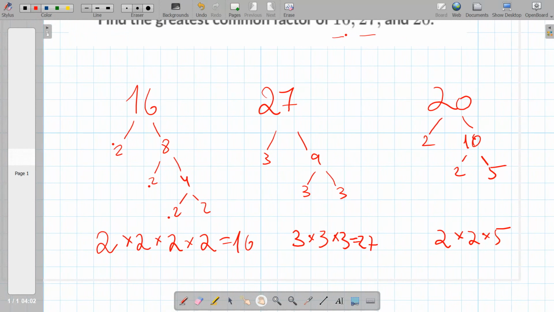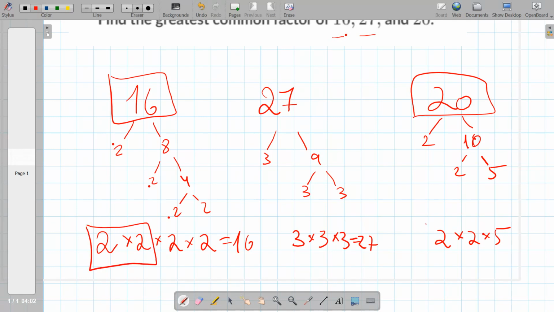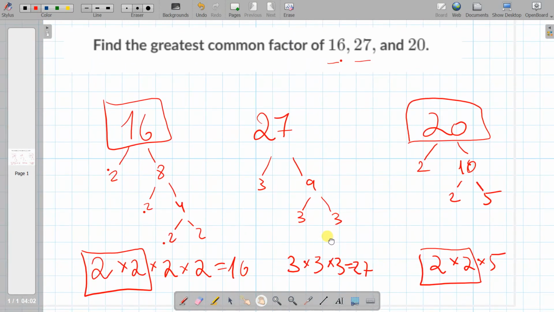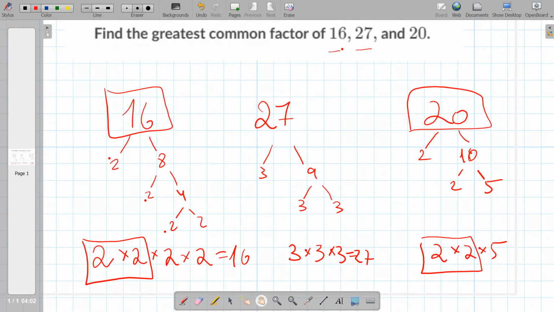20 and 16 do have 4 in common, because we have 2 times 2 here and 2 times 2 here. But 3 is not present in the prime factors of 16 and not in the prime factors of 20.